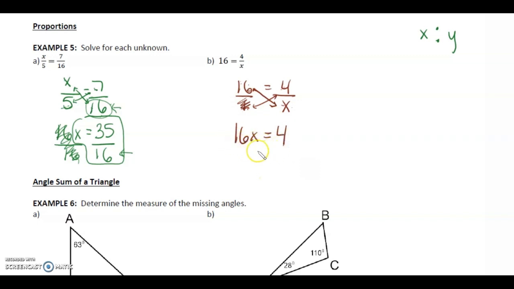Now because there's a 16 on the x, we are going to divide both sides by 16. So these two 16s, 16 over 16 cancels out, and we get x equals 4 over 16.